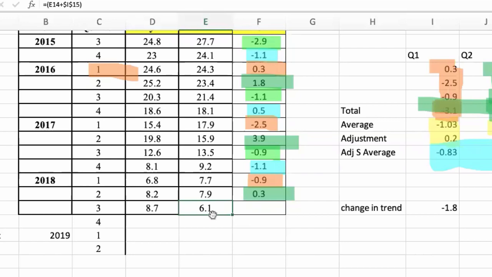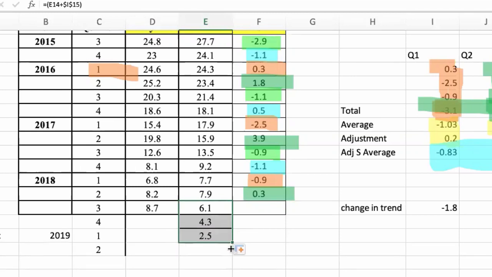I subtract 1.8 from 6.1 and we'll get 4.3. We're looking for 2019, quarter 1 and 2. So again, I just subtract 1.8 from the 4.3, 2.5, and finally, 0.7, all subtracting 1.8 from the previous number. And we've completed our forecast using the trend, okay?